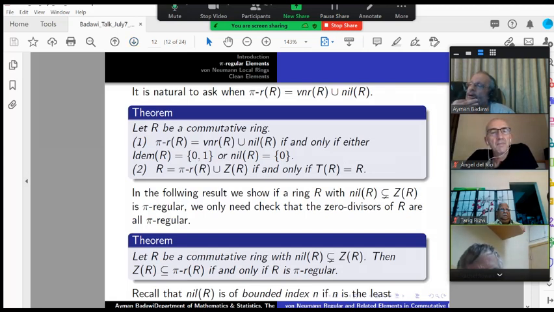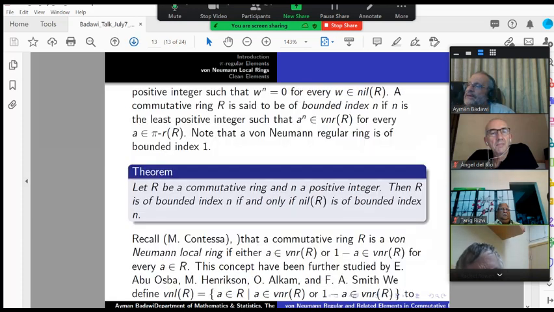By the way, this paper is already published, and we considered many questions. We looked at ring extensions, and we studied clean rings, and we studied something called a von Neumann local ring. That definition was given by Contessa.